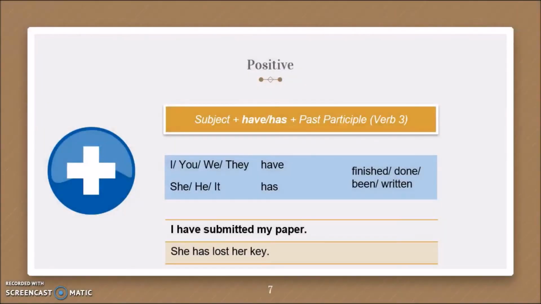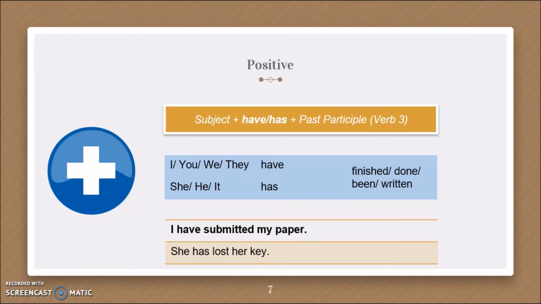So, for the positive form, first thing first, we have to put the subject in front of the sentence. As we know that there are 7 kinds of subject such as I, you, we, they, she, he, and it. The subject I, you, we, and they are using have as their auxiliary verb, and the subject she, he, and it are using has as their auxiliary verb.